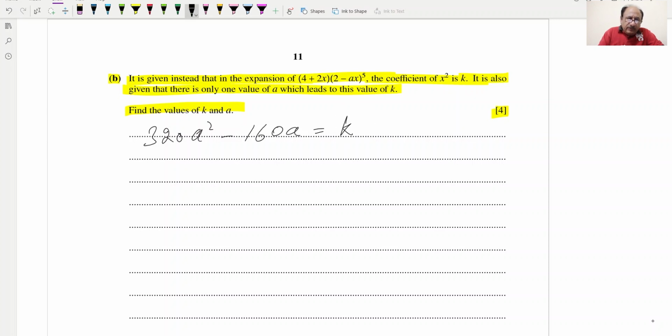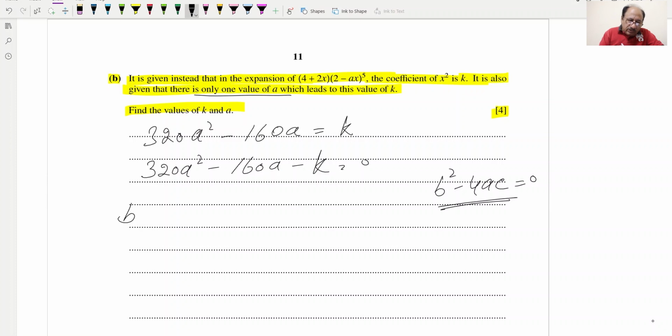Now we will be shifting k to the other side, so 320a squared minus 160a minus k is equal to 0, and as we know that it is having one solution, so only one value of a, so b squared minus 4ac will be taken as equal to 0.